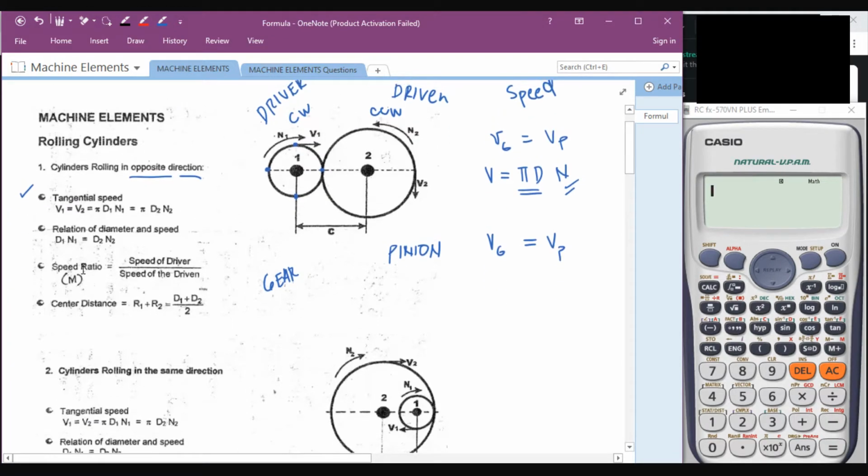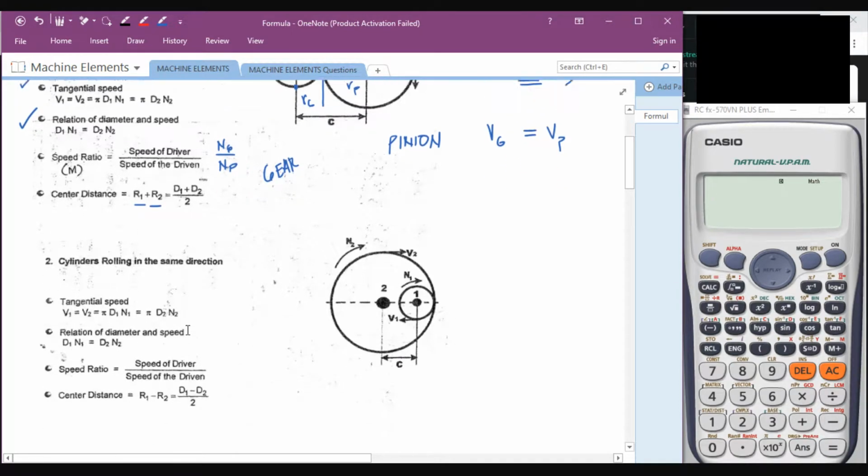What is the relation of the diameter to the speed? Ito na yan. The speed ratio is pwedeng M or SR. Binibigay yan sa board exam. So, the speed of the driver, the Ng over Np. And then the center distance: in order for you to get the center distance, simply, the radius nung gear, tapos radius nung pinion. Ayan, radius 1 plus radius 2, or simply, D1 plus D2 over 2. That is the center distance.